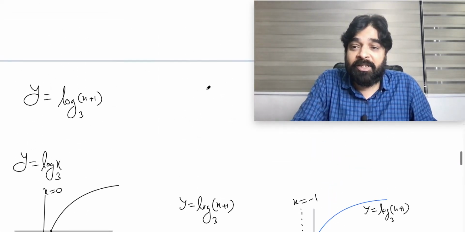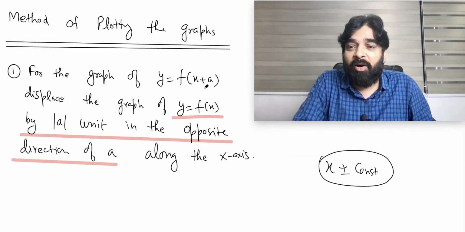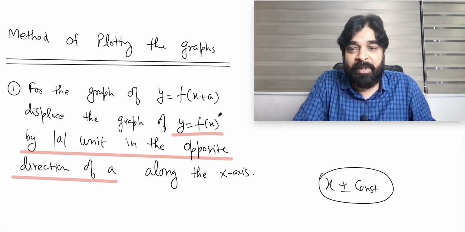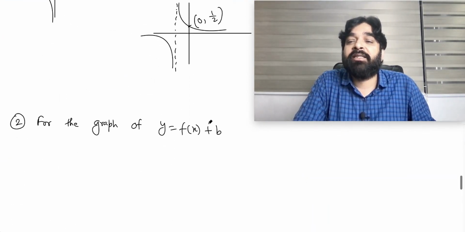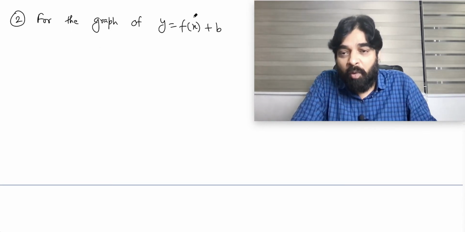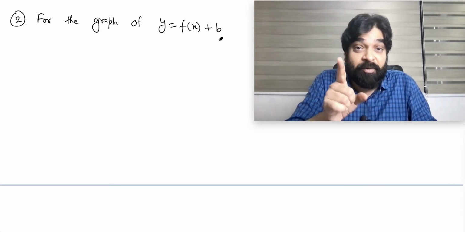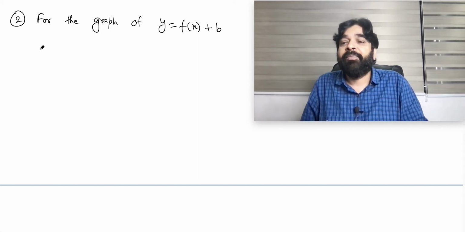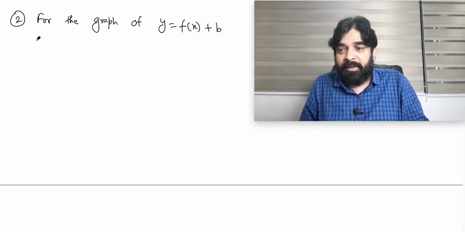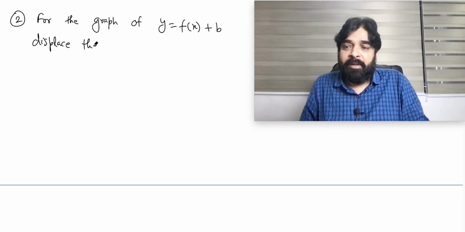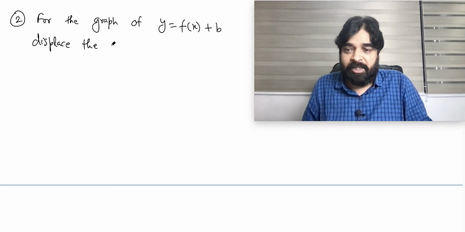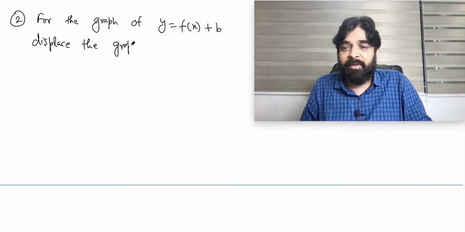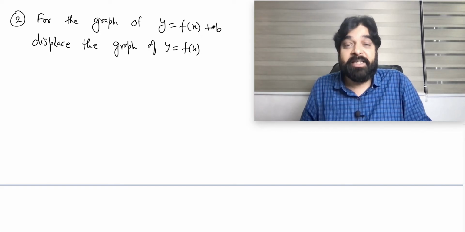Here in the first method, we added a constant with the x, but there may be chance that constant can be added with the whole function. So this is the method on that basis. For the graph of y equal to fx plus b, displace the graph of y equal to fx, because basic graph, how will you get?